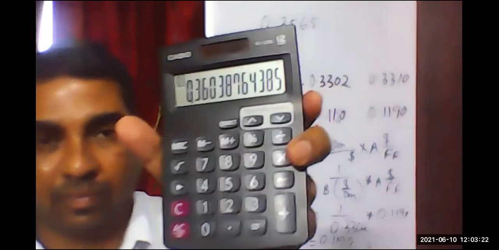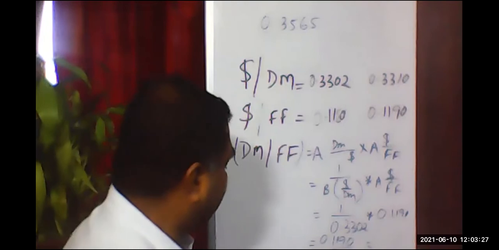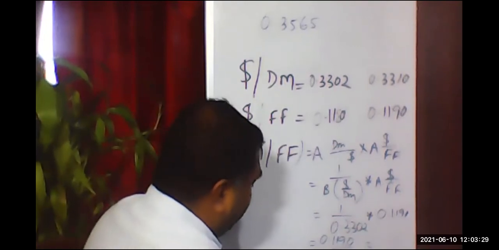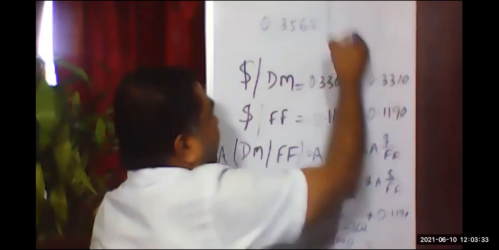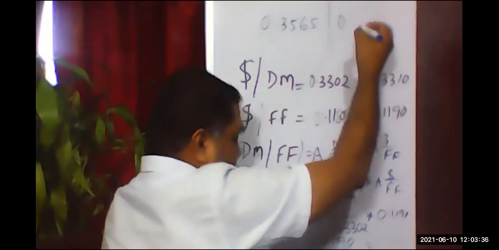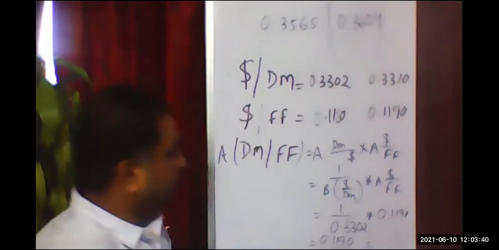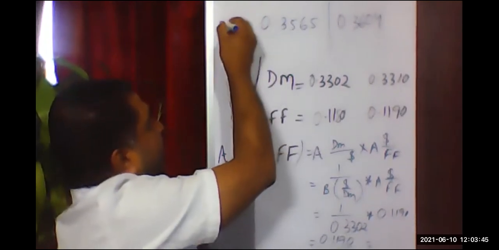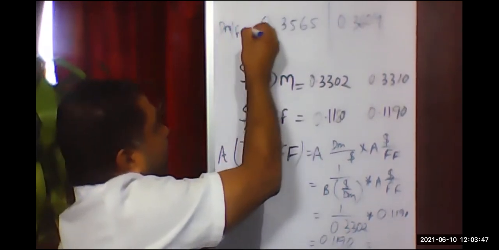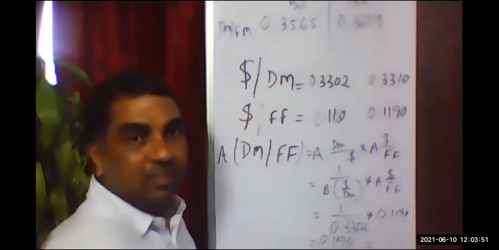How much does it come? It comes to 0.3603, 0.3604 will take. So I'll take it 0.360. So this is what? DM by FF, and this is bid, and this is ask.